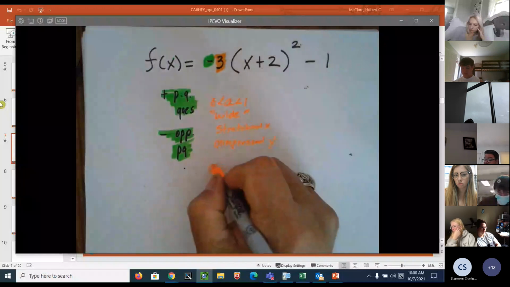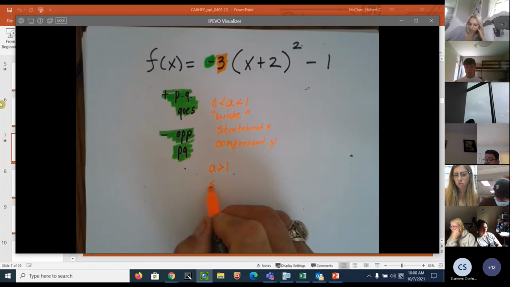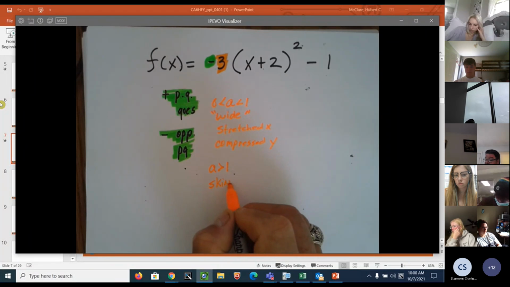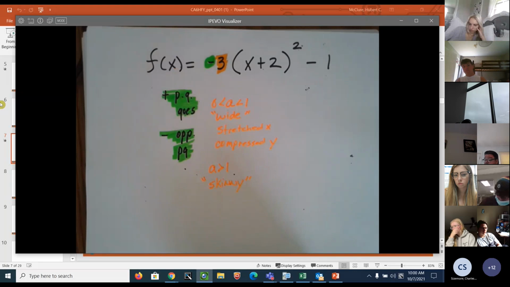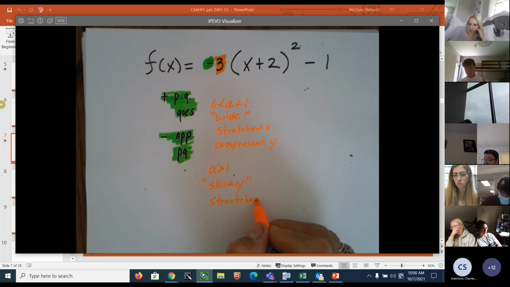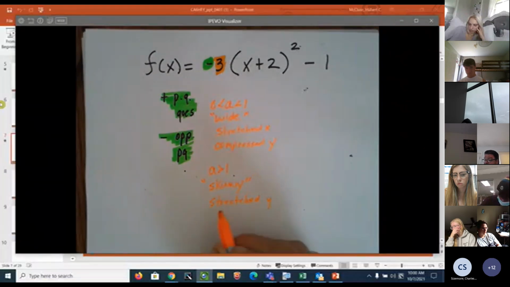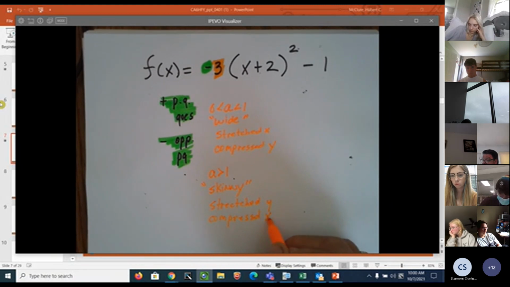If A is above 1, then you're going to have a skinny representation of the function, because it's being stretched along the y-axis and it's being compressed along the x-axis.